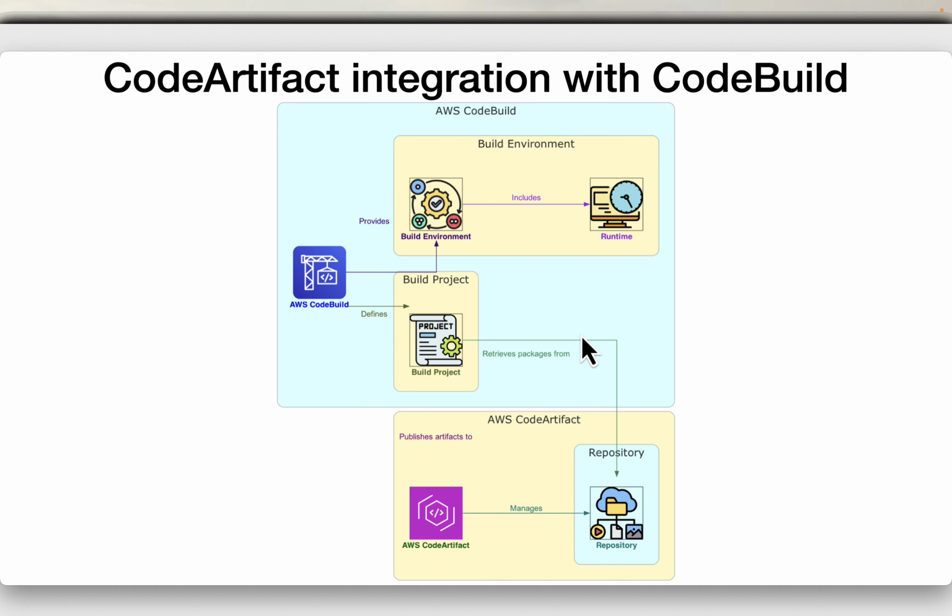First, if there is some dependency, you can retrieve the package from the CodeArtifact repository, and CodeBuild will fetch it and build the code. After that, if you want to publish, you just run the publish command, and it will store the artifact or the jar file or library back to the repository. So you may pull from some package or namespace and then finally push to some other project.